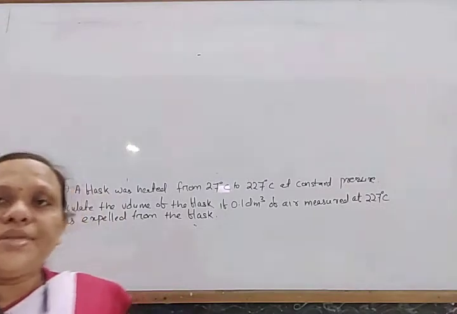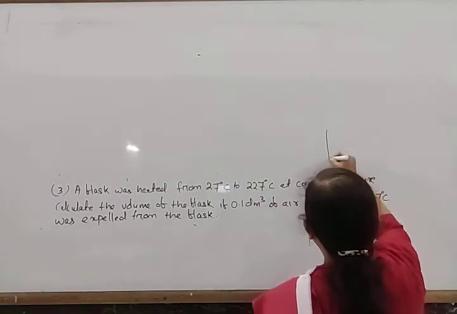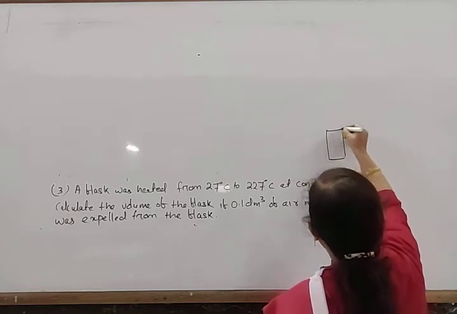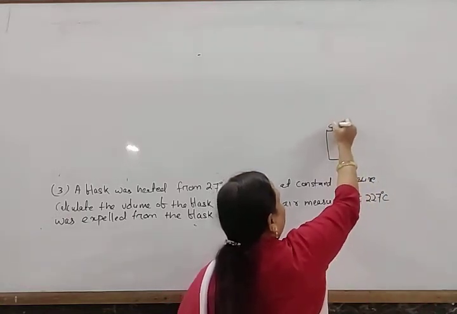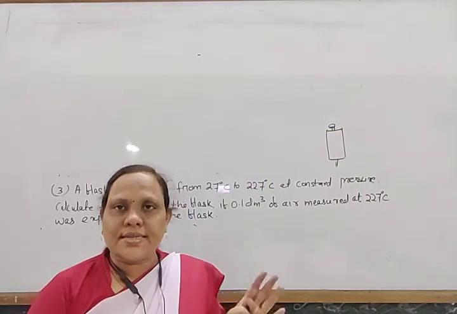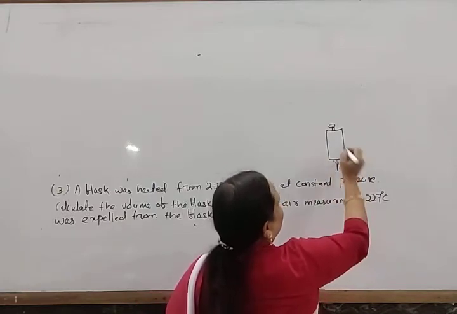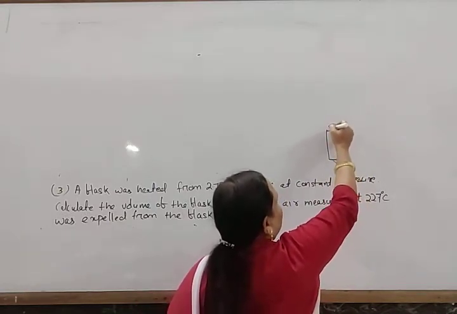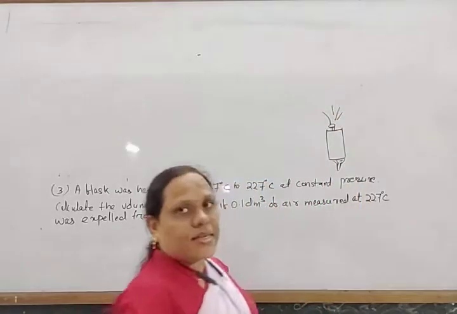So here, if a flask is there and it contains some gas, suppose there is an opening, and when it is heated, the volume of the gas increases. Then what happens? The excess gas will escape out.